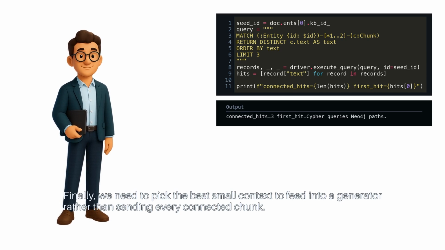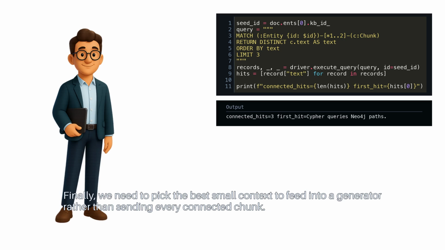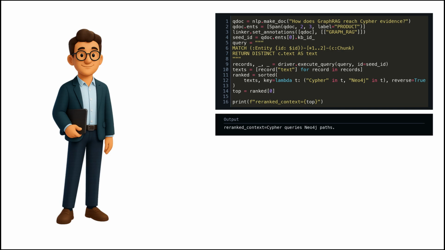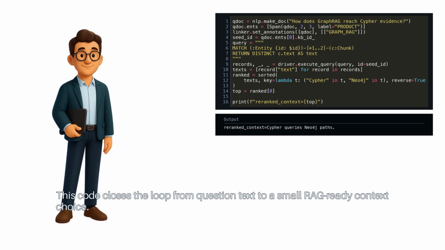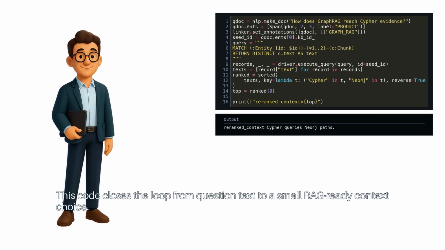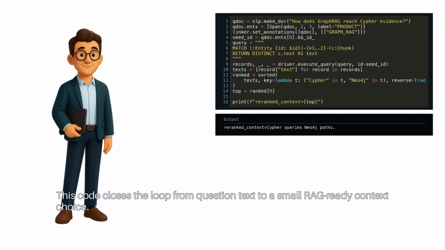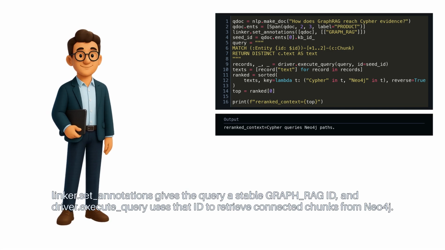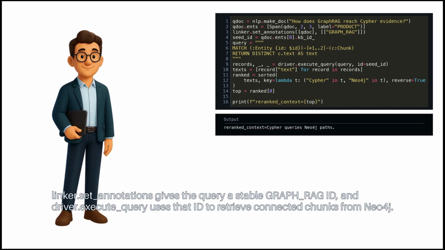Finally, we need to pick the best small context to feed into a generator rather than sending every connected chunk. This code closes the loop from question text to a small RAG-ready context choice. linker.set_annotations gives the query a stable graph RAG ID, and driver.execute_query uses that ID to retrieve connected chunks from Neo4j.